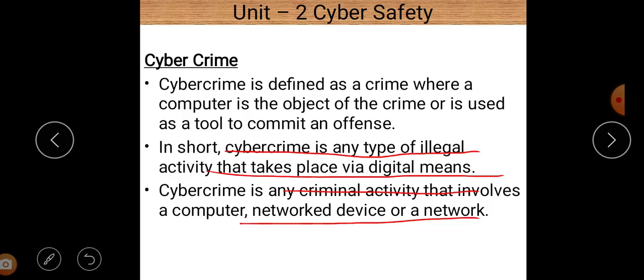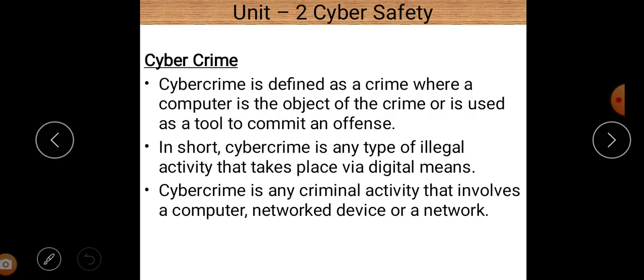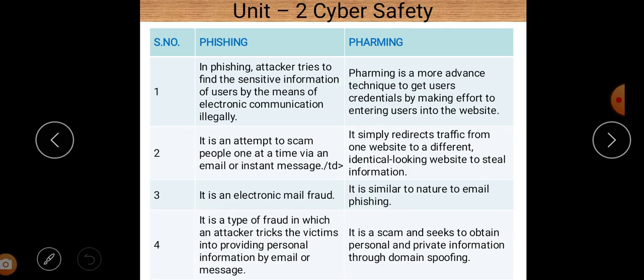Generally, we can say that cybercrime is a crime over the internet using any digital device. Then there are two types of cybercrime that may be asked in your examination: phishing and pharming.